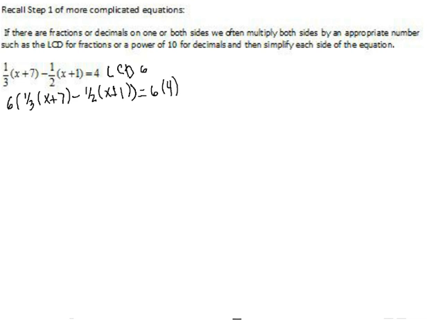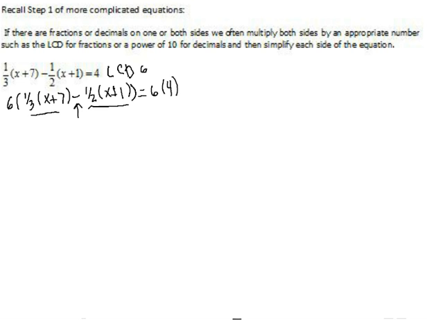Now inside this parenthesis where the 6 is outside, we have actually two terms, and I've chosen this example so that we can really understand this well. We have these two terms. They're separated by the subtraction symbol right there, and so that 6 just distributes into each of those terms.